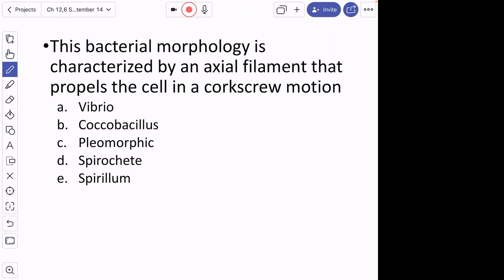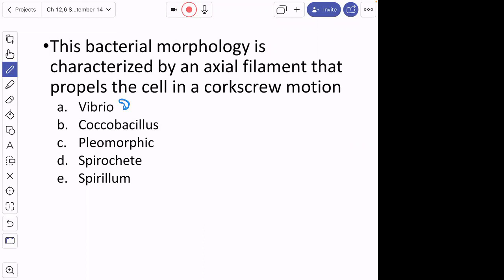Okay, so take a minute, think about which one of these you think is true. Which bacterial morphology has an axial filament, moves the organism in a corkscrew? Just kind of straight vocabulary here. Okay, the Vibrio, sometimes the choices will be correct answers for a different question. And sometimes I might totally make something up. So a Vibrio is more of a comma-shaped morphology.